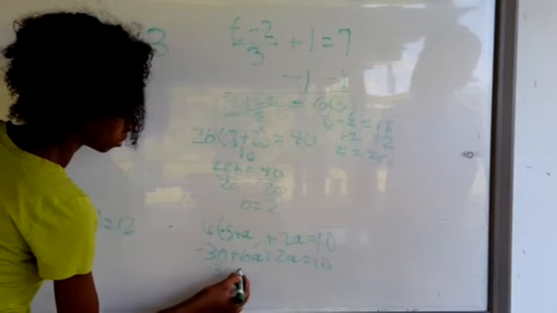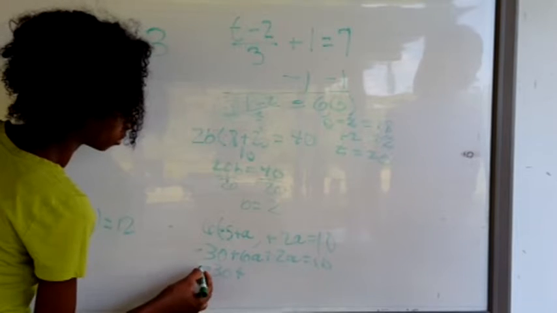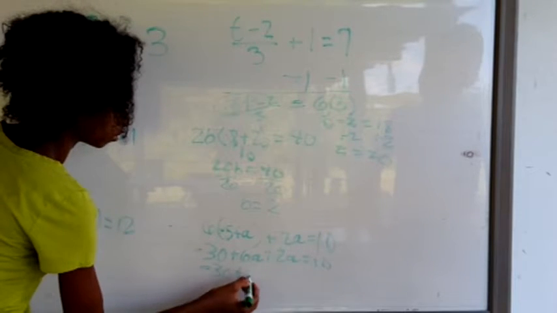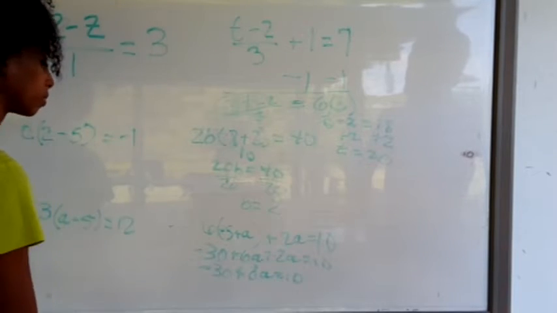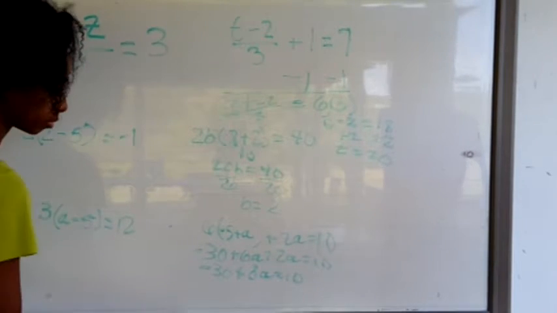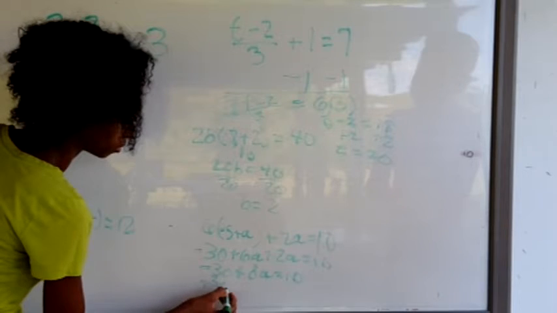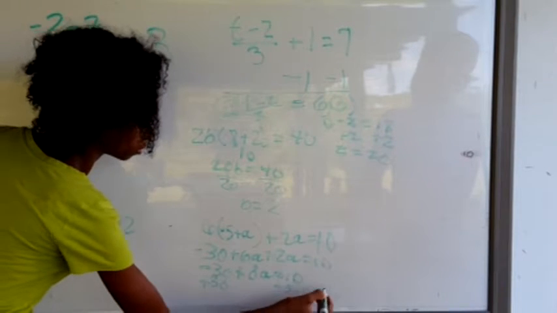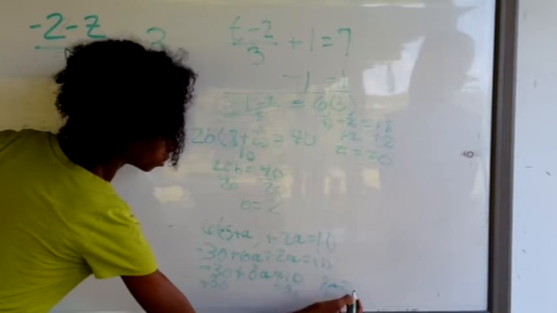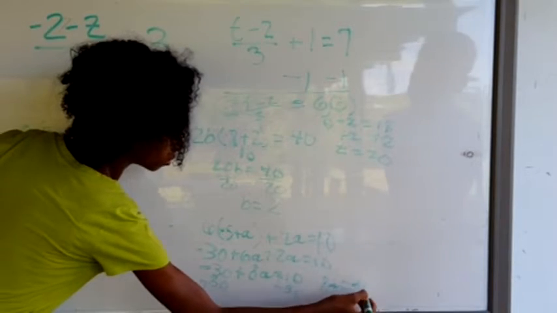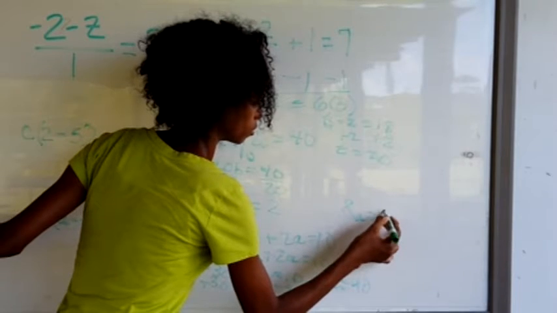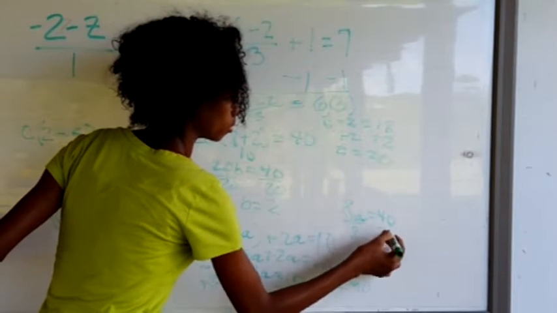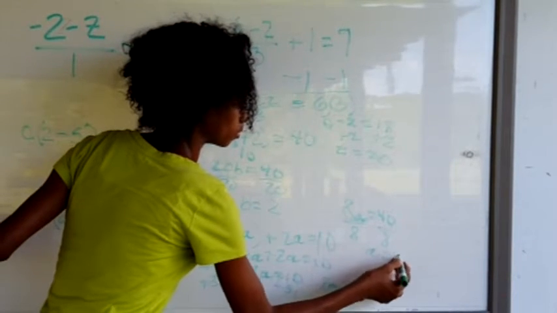So it'll be negative 30 plus 8a equals 10. Now add 30 to both sides, and it will be 8a equals 40. Now divide 8 on both sides, and you get a equals 5.